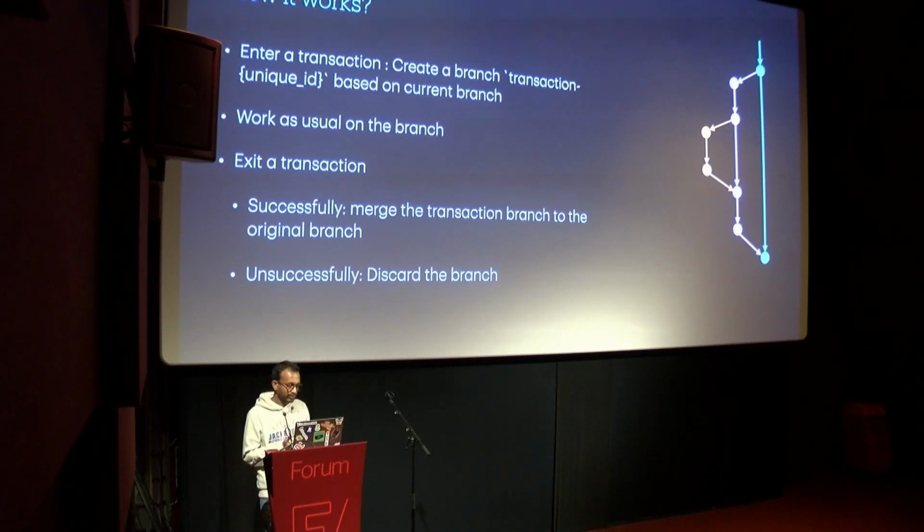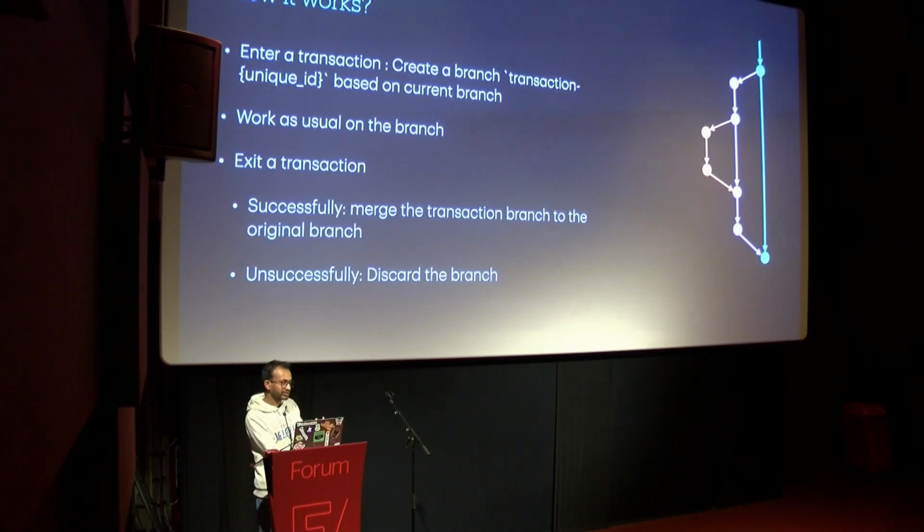So the beauty of this approach is, even if the backend crashes right when you are inside a transaction, you won't have any corrupted state because the original branch was never touched. For unsuccessful scenarios, you don't have to do anything, even when the backend crashes.